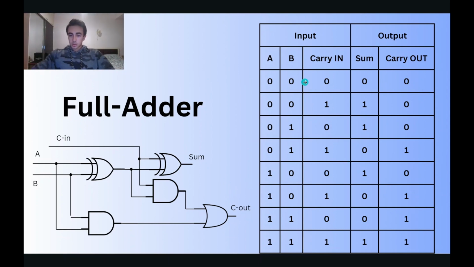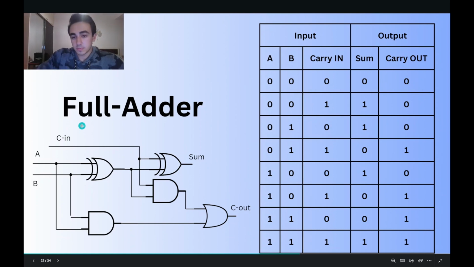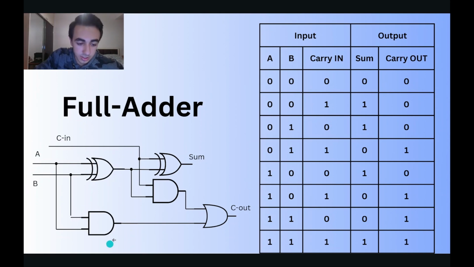And the other case, like this one, the last one, when all the inputs are 1. So A and B are 1, XOR outputs 0, and AND outputs 1. The carry is 1. And carry in is 1, and XOR outputs 0. So this XOR outputs 1 for the whole operation. The sum is 1.